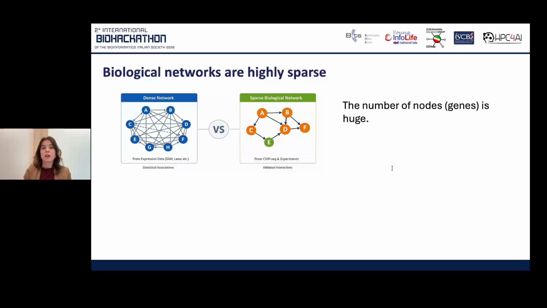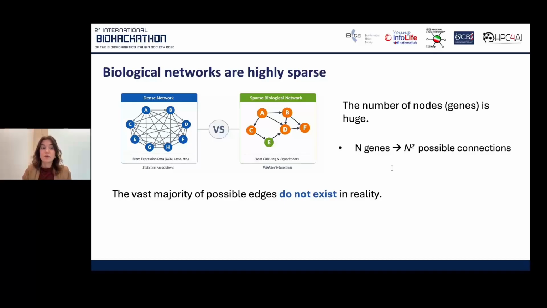So we have a number of nodes in our network, so the number of genes, that is huge. And the possible connections between these genes will be n squared, so it will be a very big number. However, we also know that the vast majority of possible links between genes do not exist in reality. We know that a single transcription factor only regulates a very small fraction of the genome.